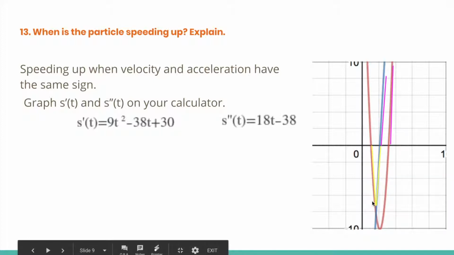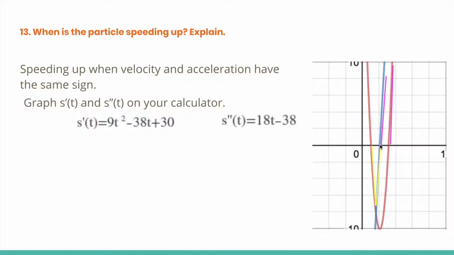The acceleration function is also negative at this point, but only until 19/9 seconds, which is about 2.11 repeating. Since those are both negative from A to 19/9 seconds, the particle is speeding up because S prime of t is less than 0 and S double prime of t is less than 0.